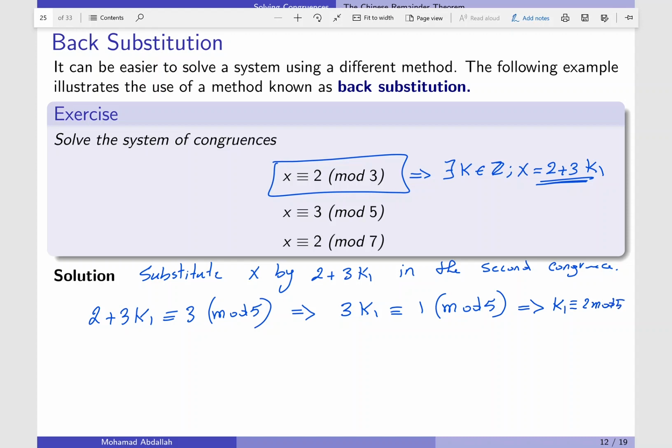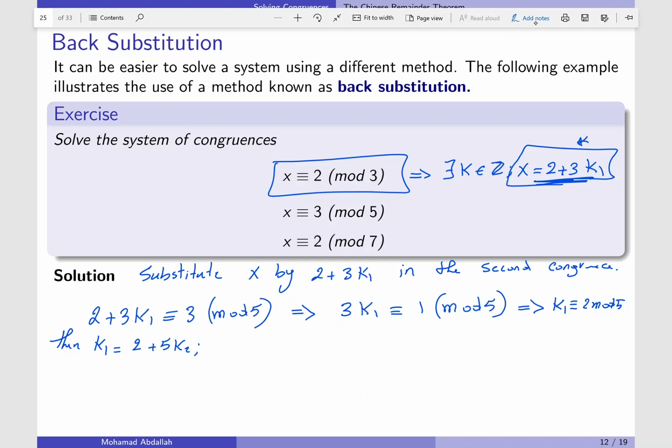This means that k1 is equal to 2 plus 5 times k2, and k2 is another integer. So here's what I do. I know that x is equal to 2 plus 3k1 from the top. So now k1 is 2 plus 5k2.